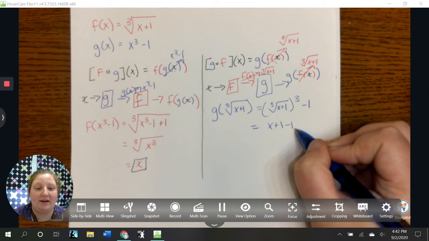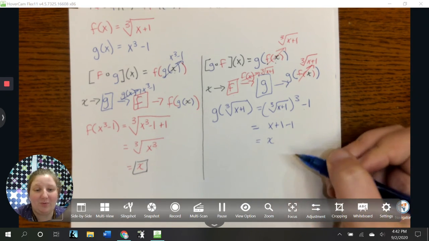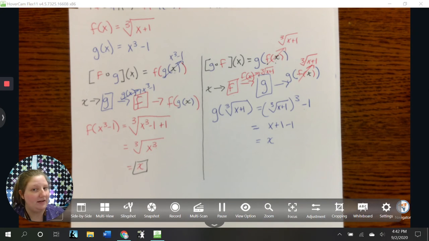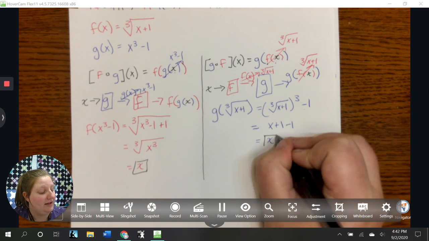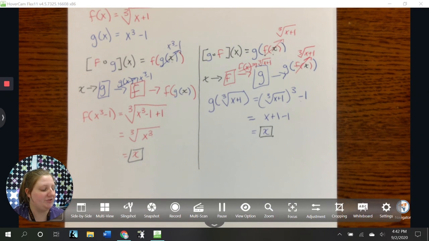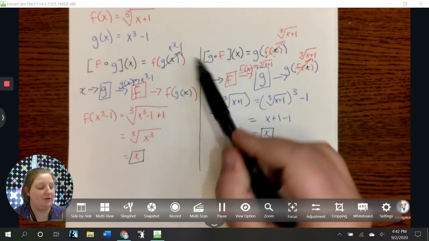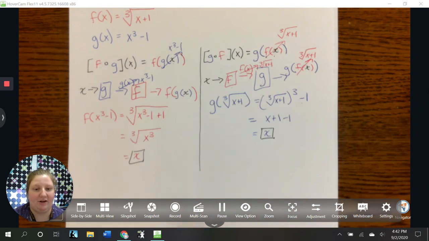Now 1 minus 1 is 0, so we get just x. We could write plus 0, but again, writing plus 0 or minus 0 doesn't change anything, so we just leave it off in algebra. So we get x. So x is g of f of x, or g composed with f of x, for this pair of functions.